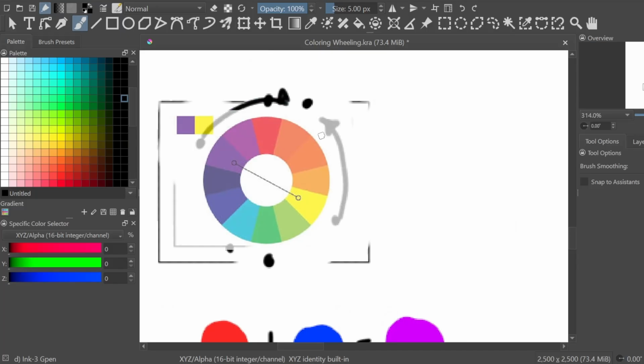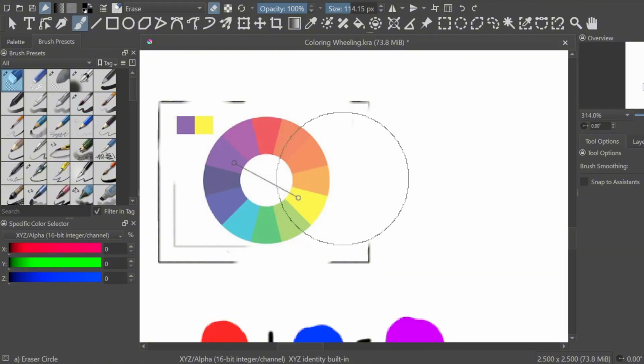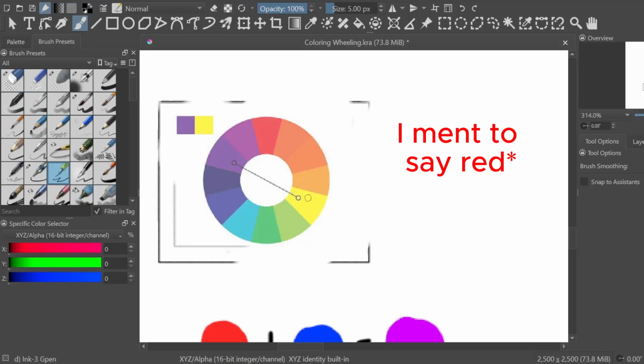And so brown sits somewhere around here. It's somewhere in this area. So it'll be better if I erase all that. Brown sits here somewhere in this area. Well, if you want a peach color, you would mix some mixture of, you could use yellow if you want, it'll just make it farther.